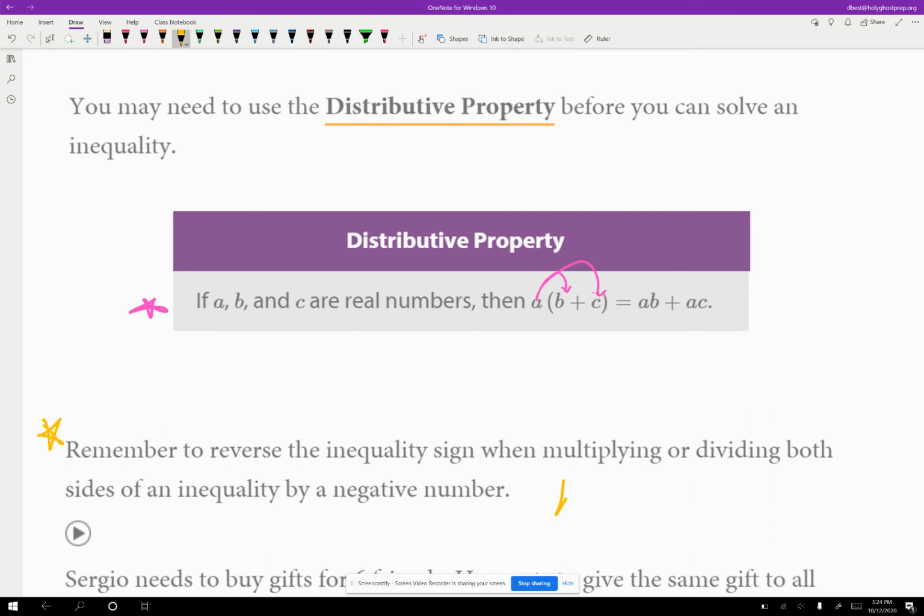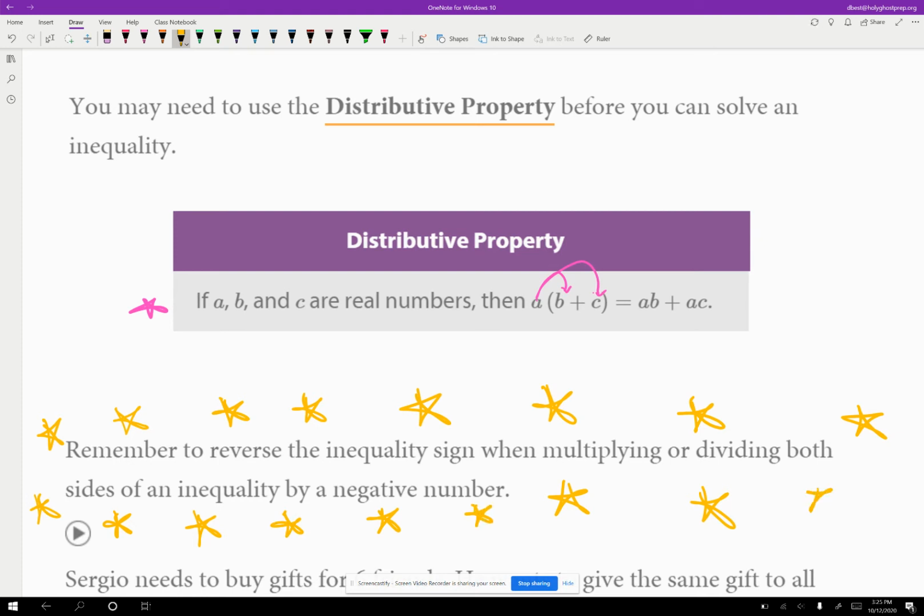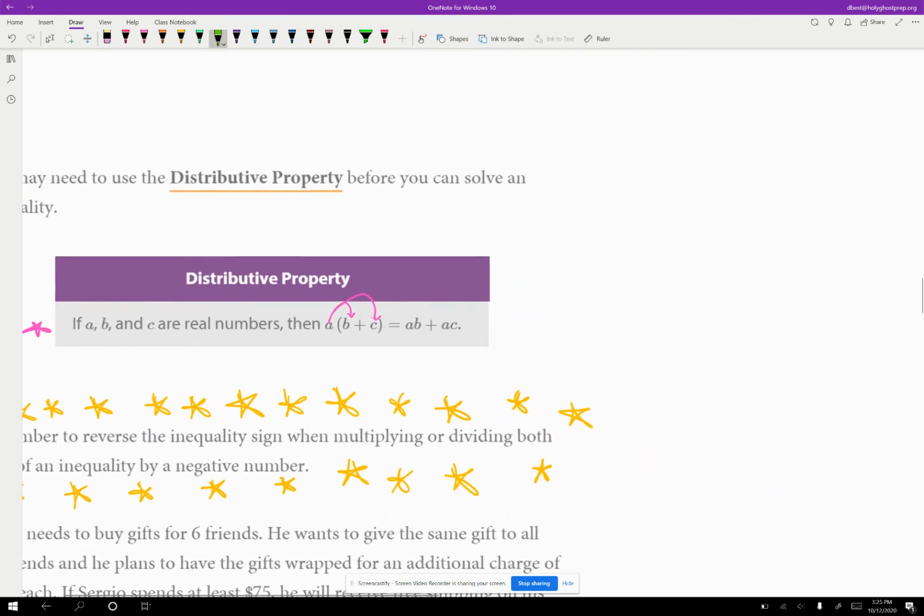And the other super important thing, stars, highlights, circles, arrows, this better be in your notes because I'm looking for it when you come to class. If you multiply or divide an inequality by a negative number, so you decide you need to divide on both sides by -3, you need to flip your inequality sign. And we will do an example of that as we go. But if you have something, for example, and hopefully you see how many stars I mean this is important for.